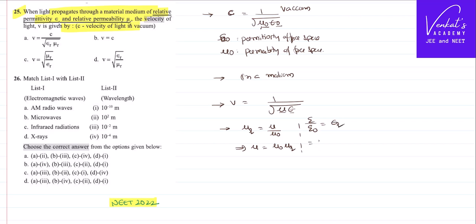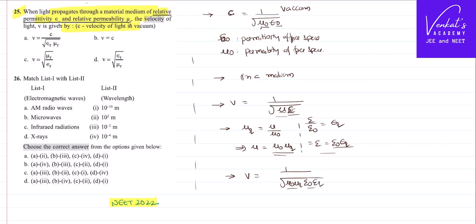From this you can write epsilon as epsilon naught and the relative permittivity. Substituting these two values in this equation will give the velocity of the light in that medium as 1 by root of, in the place of mu I can write mu naught mu r, in the place of epsilon I can write epsilon naught epsilon r.